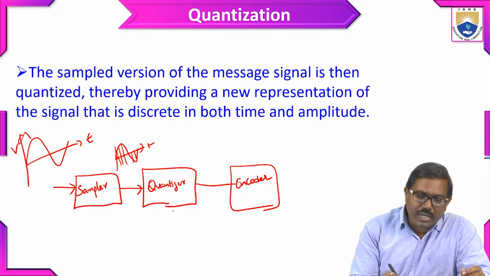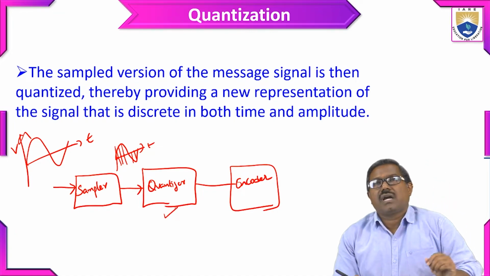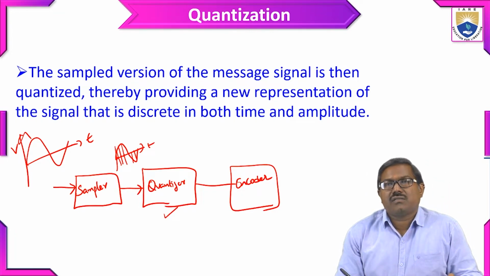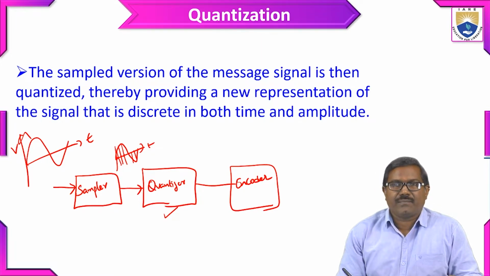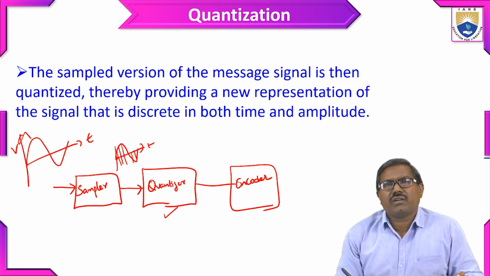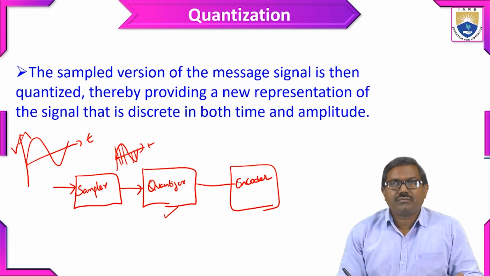This is the main purpose and importance of the quantizer in analog to digital conversion. The quantizer must be used in digital signal processing, in any conversion of analog to digital.